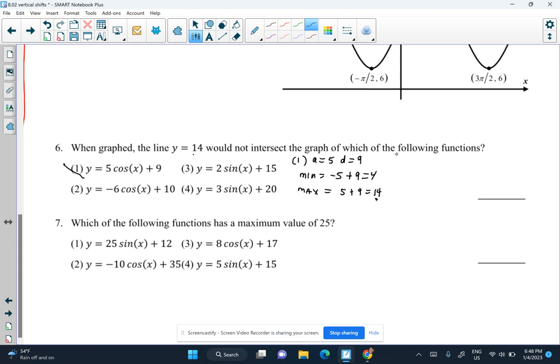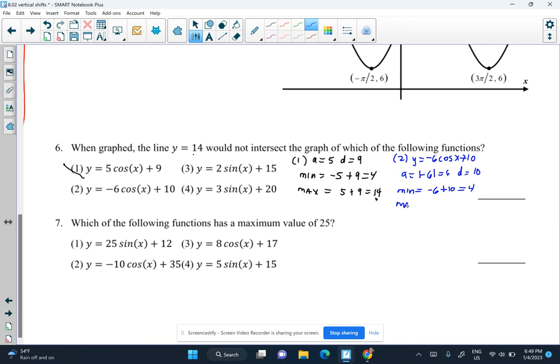Let's do number 2. y equals -6 cosine of x plus 10. Here the amplitude is the absolute value of -6, or 6, and the vertical shift is 10. Our minimum value is the negative of the amplitude, so -6 plus 10, or 4.